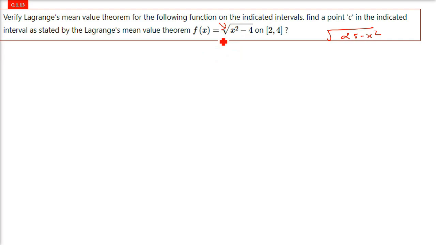So whenever an under root is encountered, please remember whatever is inside the under root should not be negative. It cannot be negative. So this is only possible when the expression inside the root, which is x square minus 4, is greater than or equal to 0.